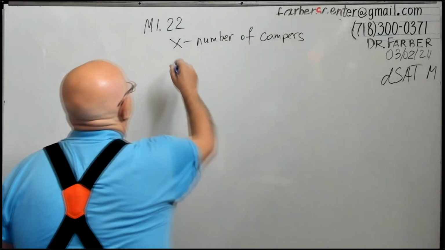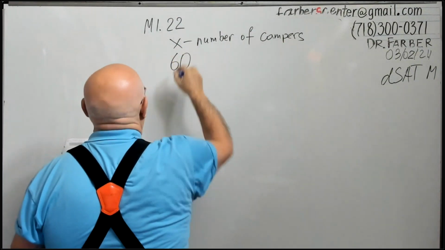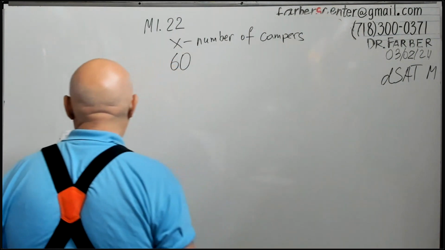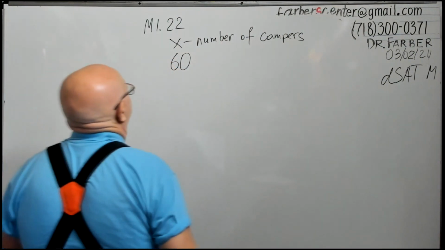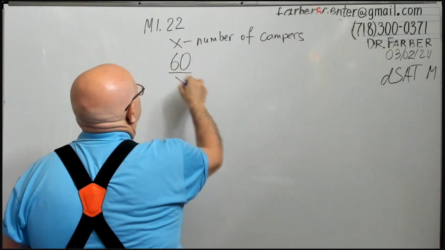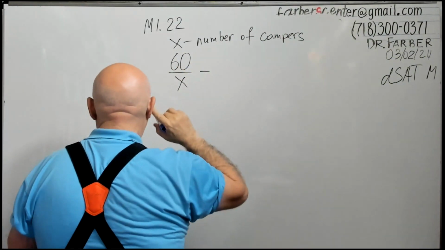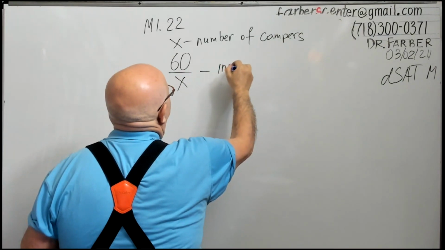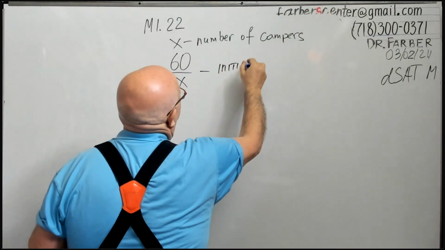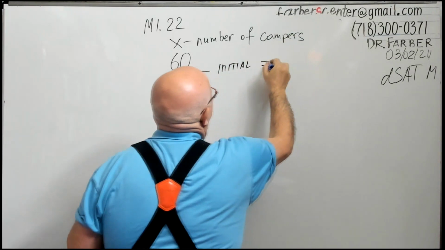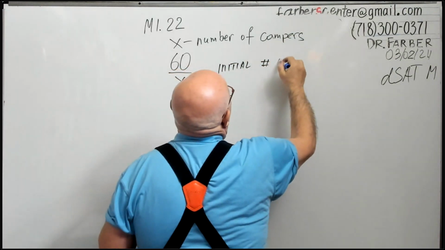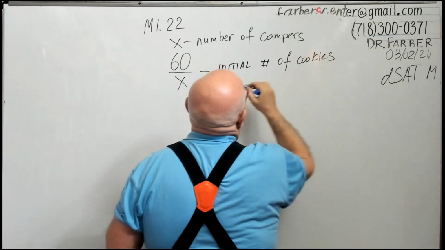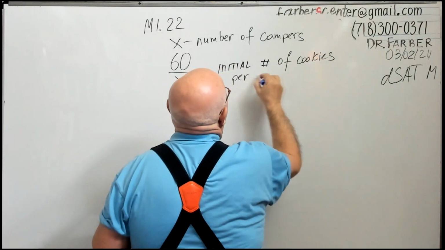So originally they said 60. They hide the 60. And if you divide by the number of campers, what do you get? The initial number of cookies per camper.